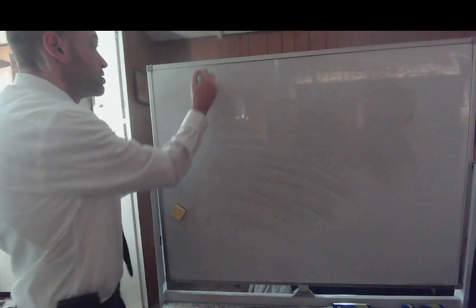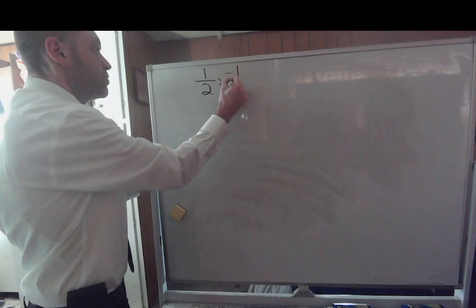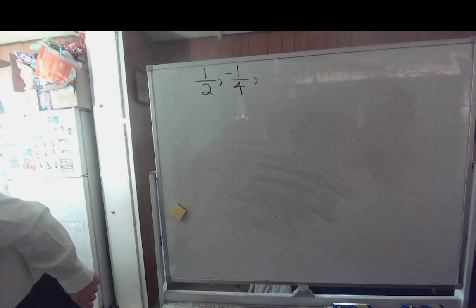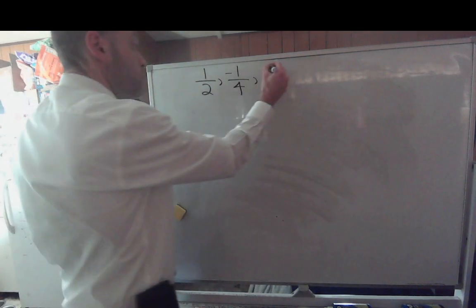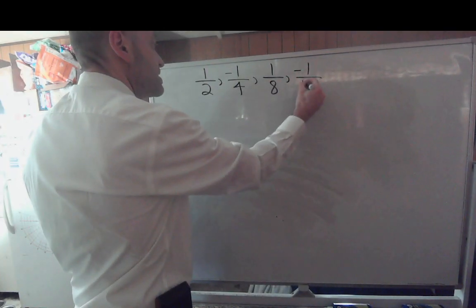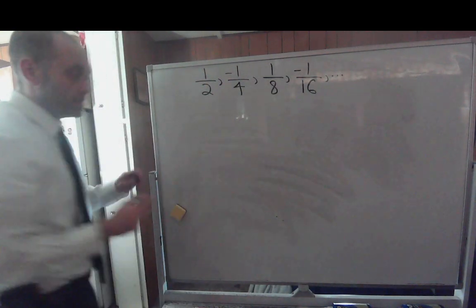Alright, now we have 1/2, negative 1/4, 1/8, negative 1/16, and it just keeps going and going and going.